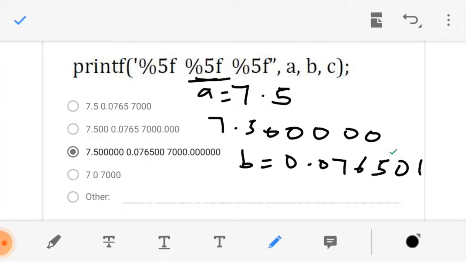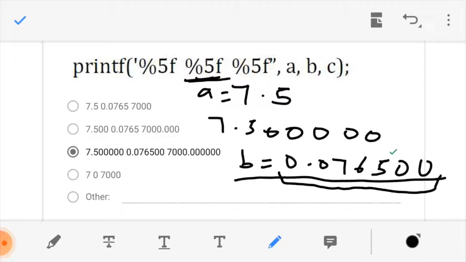So 0.076500. Now when we see this, we can easily tell that it satisfies what the %f stands for, because the 5 there stands for the minimum field width, and the field width of B exceeds 5, so it has exceeded the minimum, and we can keep it as it is.